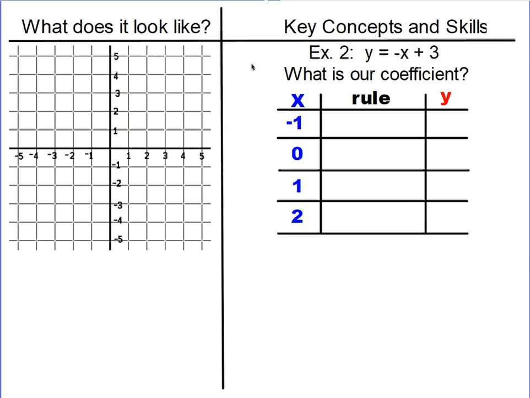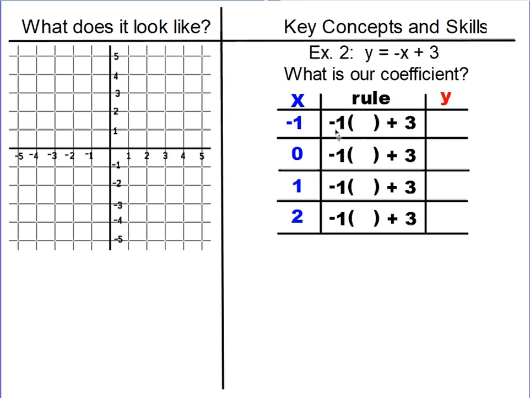On the next example, it says, what is our coefficient? So always remember when you're looking at this expression or rule, try to find that value that you're multiplying by. So if it doesn't have a number there, it's still, you have one of it, and specifically you have a -1.